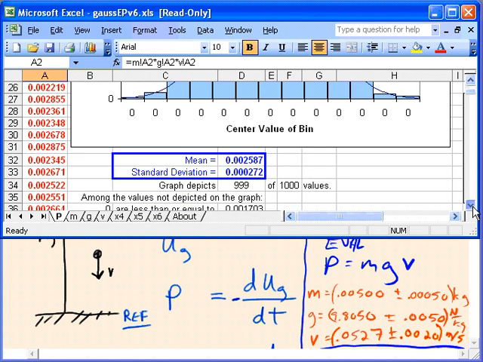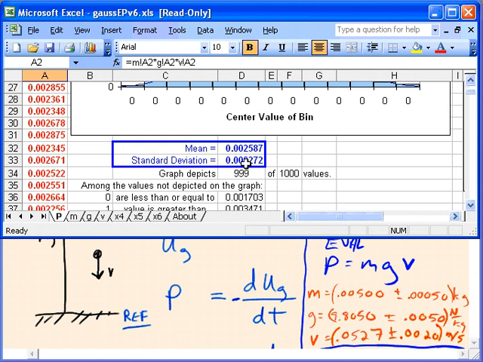I do want to do this a couple of times. Point triple oh 27. So I'll go F9. Point triple oh 27 again.